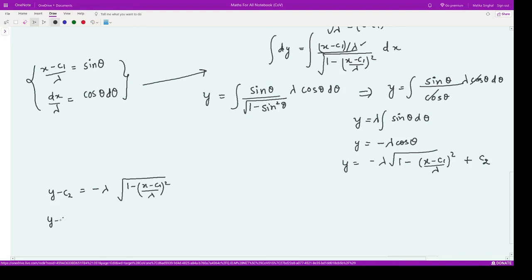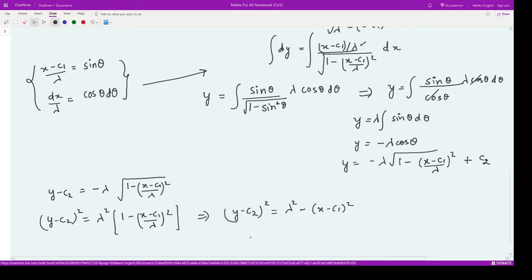So we have y minus c2 whole square is equivalent to lambda square times 1 minus x minus c1 upon lambda whole square. We can simply multiply the right hand side by lambda square. So we have y minus c2 whole square is equivalent to lambda square minus x minus c1 whole square.